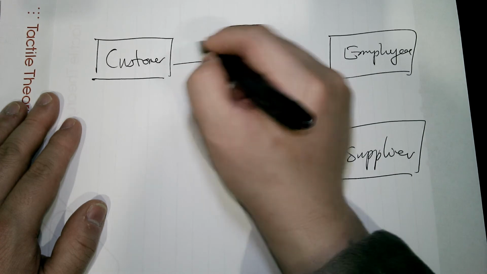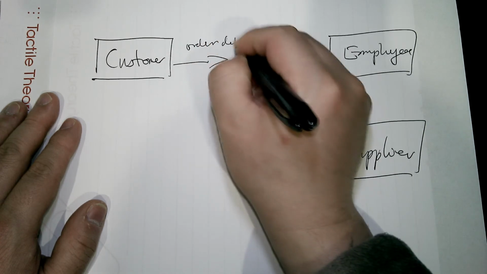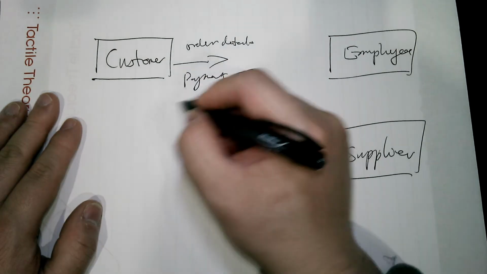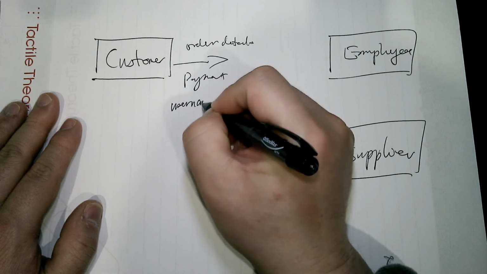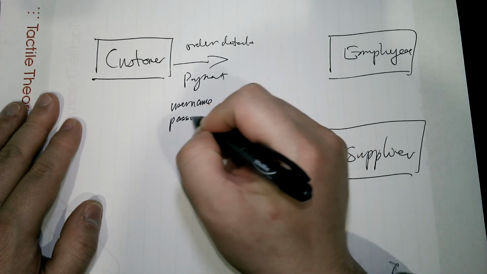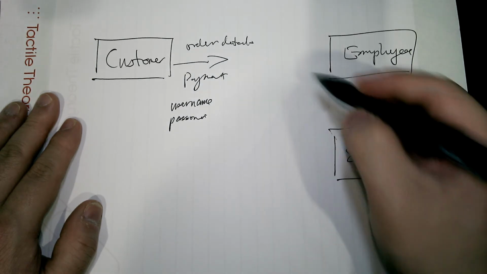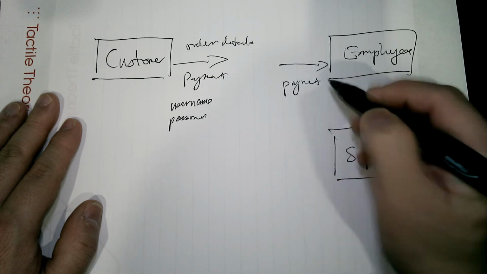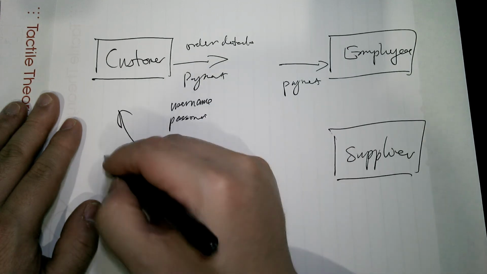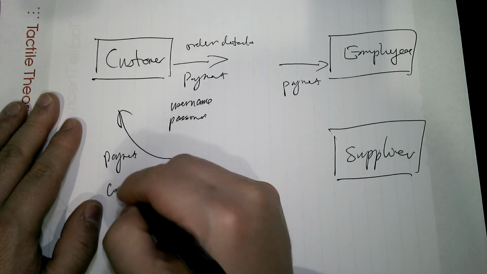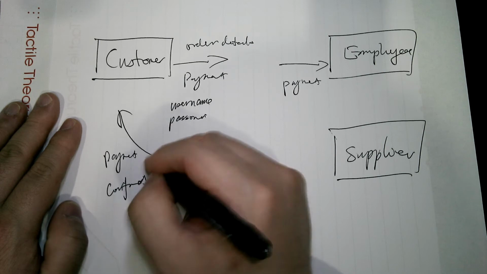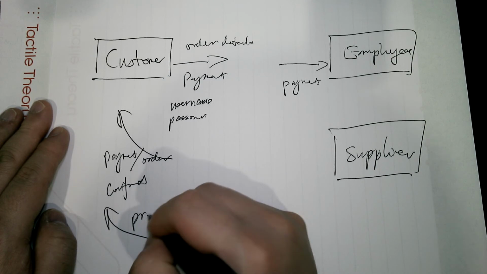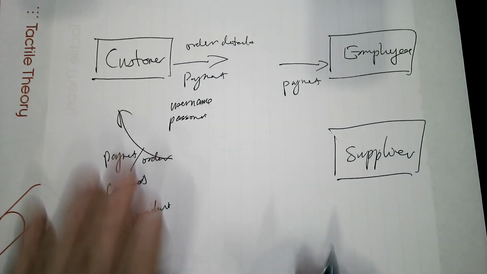Customer going to the system is their order details, payment, maybe their username and password, etc. Then it goes out as payment, and coming back is payment confirmation or order confirmation, plus eventually you're going to have the product. So it's just a quick scribble of what's going in there.